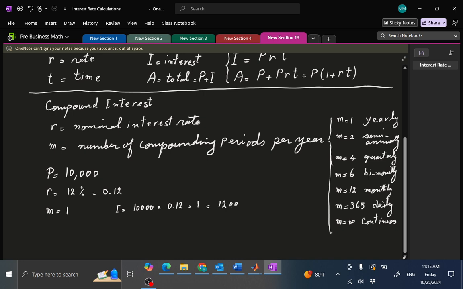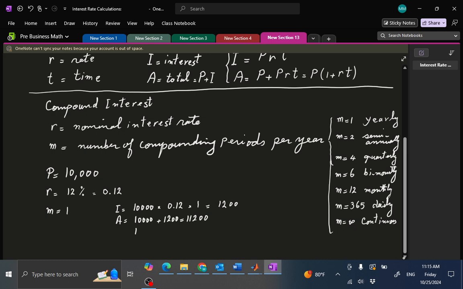Not bad for the end of the year. The total amount is 10,000 that you put in the bank plus 1200 that you got as interest, which is 11,200.